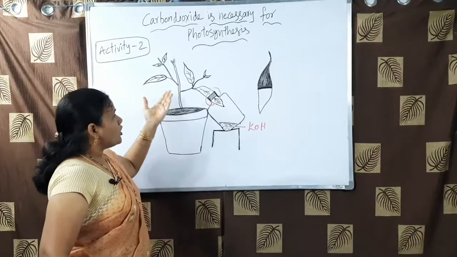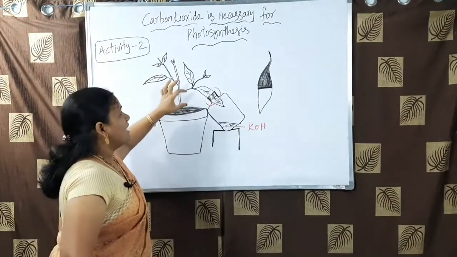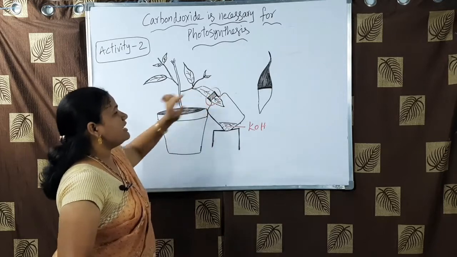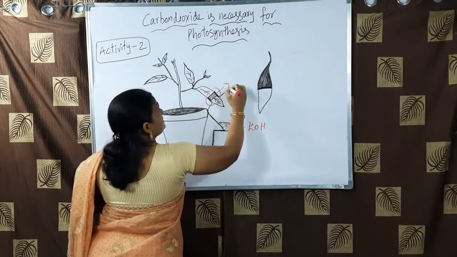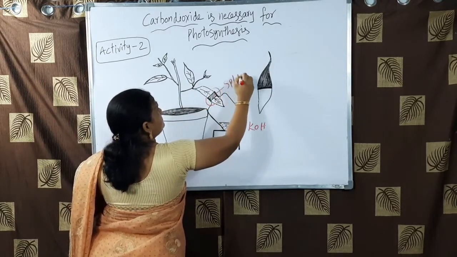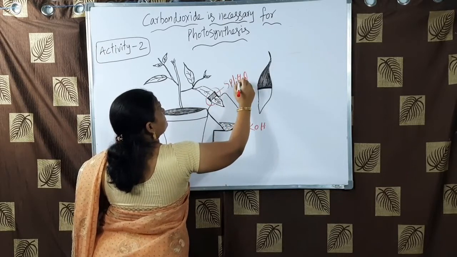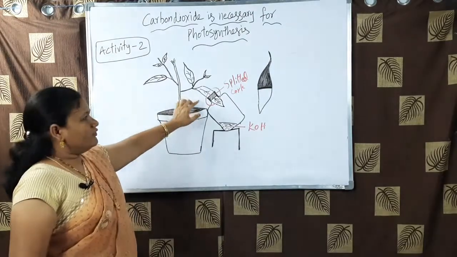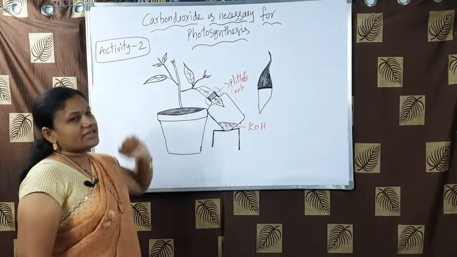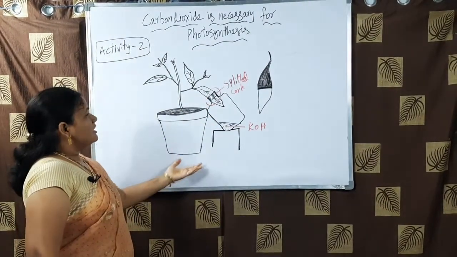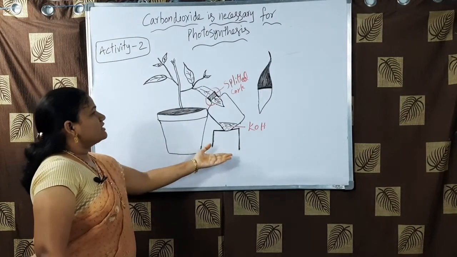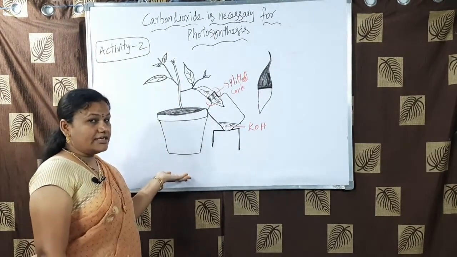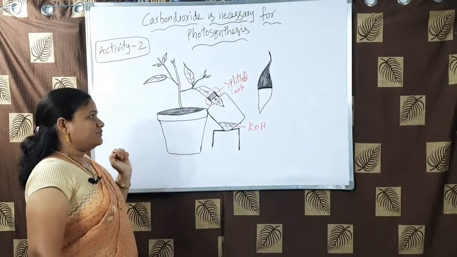Now select a broad leaf from this destarched plant. Insert the leaf into the bottle through the split cork. Keep this entire setup under the sunlight for a few hours.